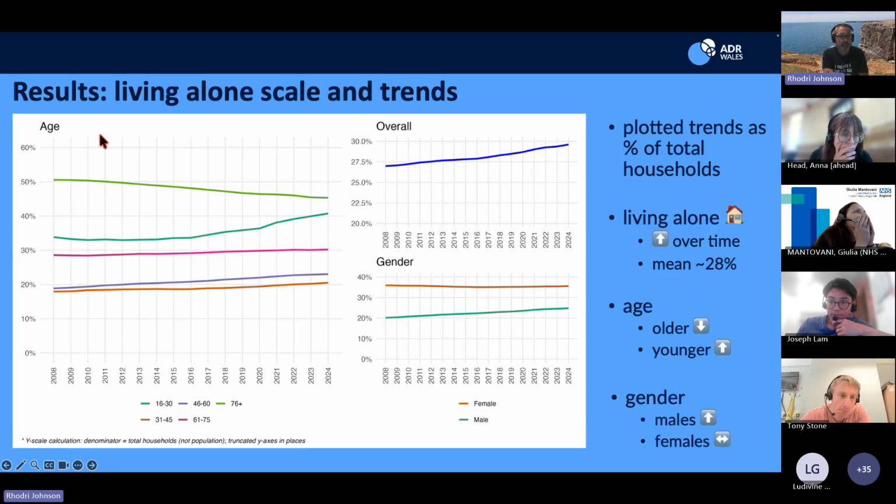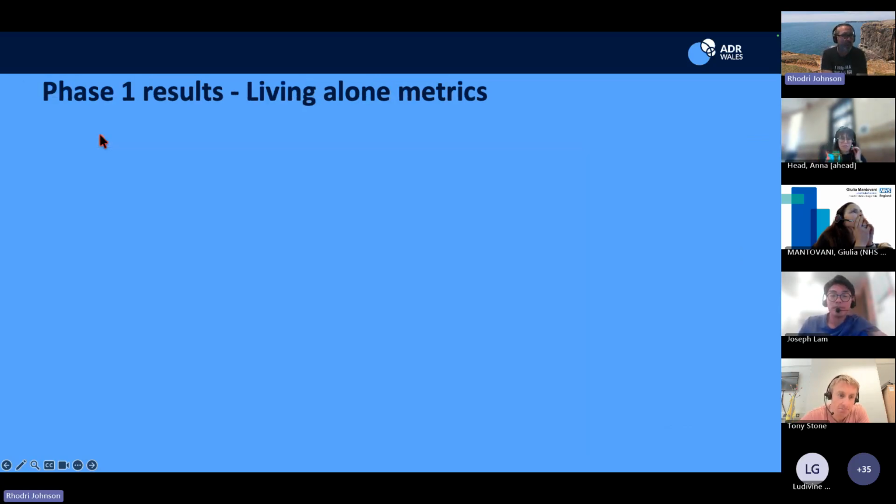In terms of gender, females seem pretty flat in terms of the proportion of households that contain a female that are living alone, whereas males are on an increase, 3 or 4% over that period. Again, trends useful. Whilst people don't necessarily always like descriptives, they're useful. It starts to paint the picture, I guess.